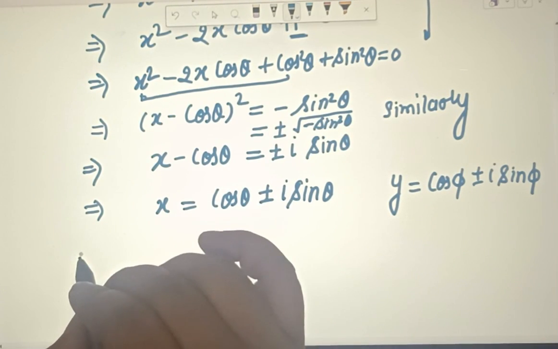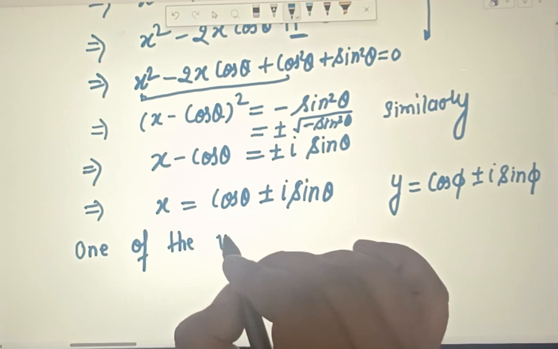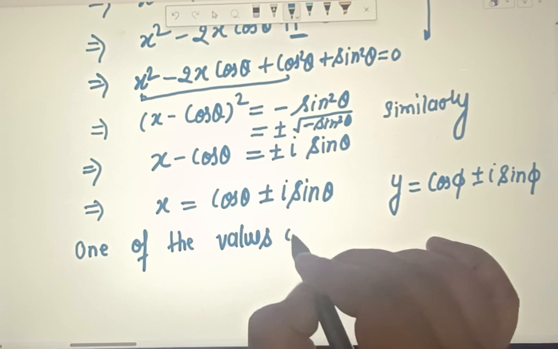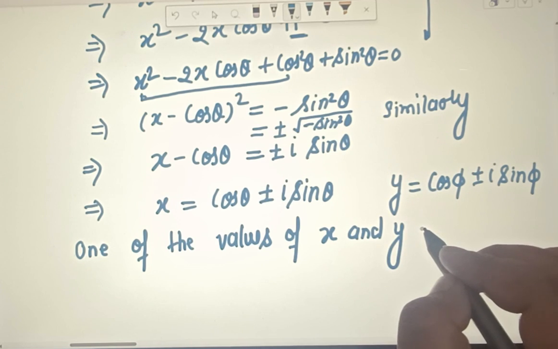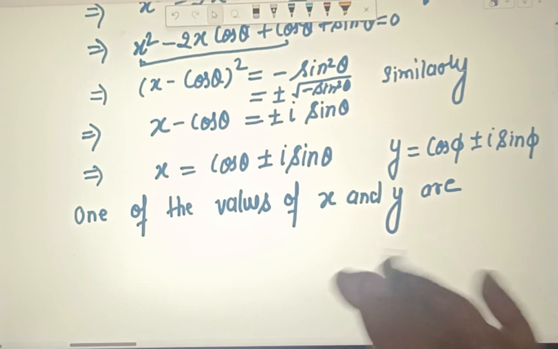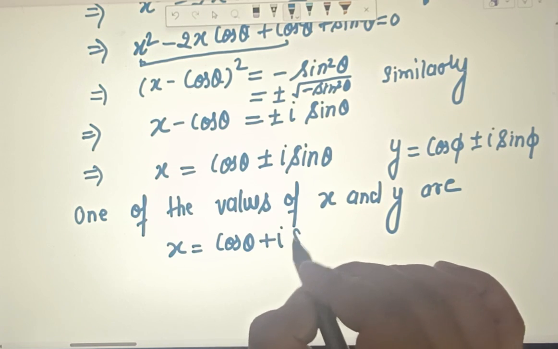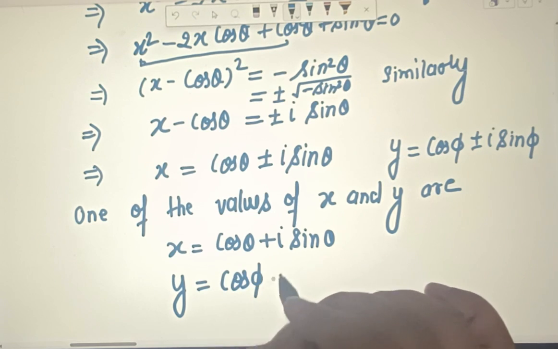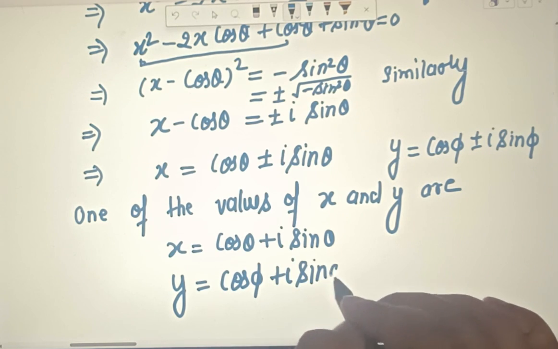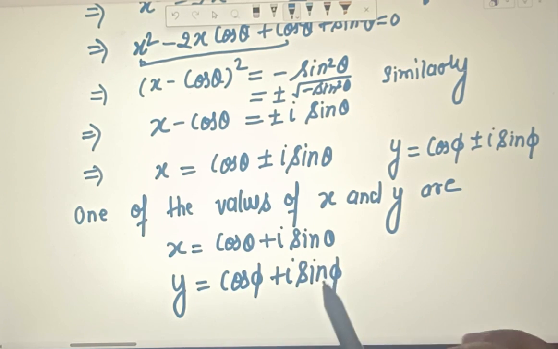Now I will say one of the values of x and y are: x is equal to cos theta plus iota sin theta, and y is cos phi plus iota sin phi. I am talking about one of the values, because there are another two values. So I am talking about one of the values for this.